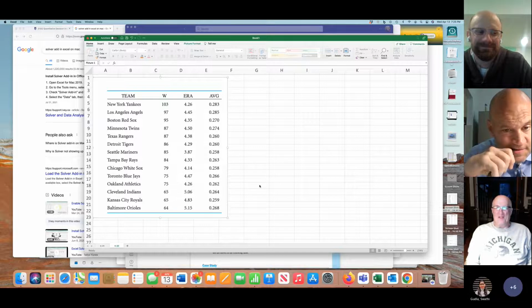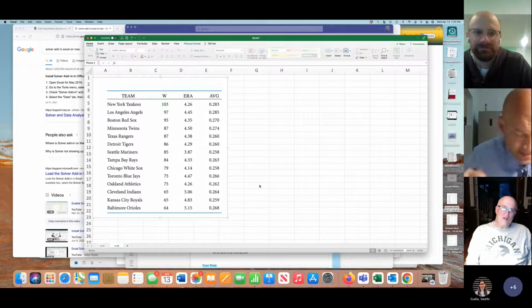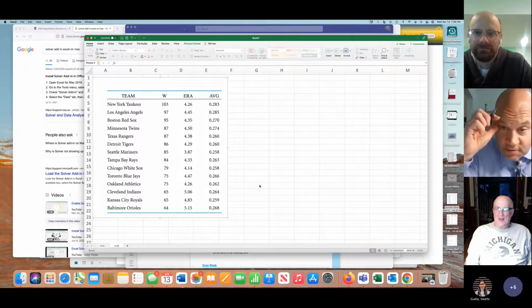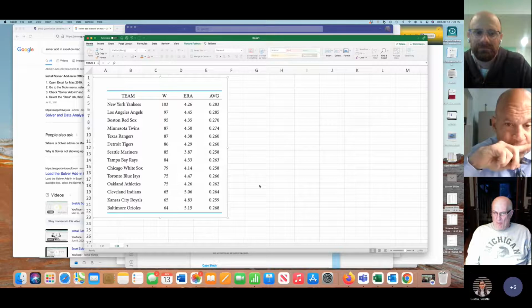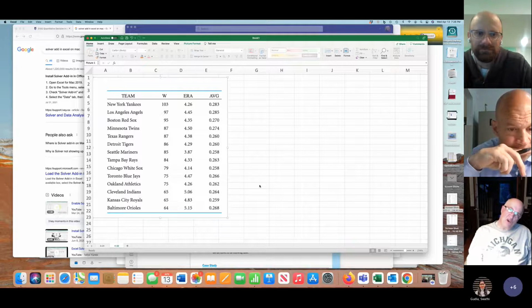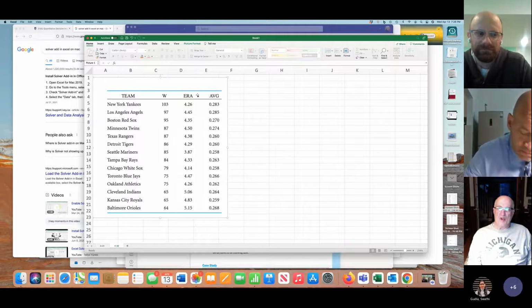But all I have here is ERA, which is a measure of the effectiveness of the pitching. The lower it is, the better. And the batting average of the team, which the higher it is, the better. So I have two X variables to try to predict a Y variable.